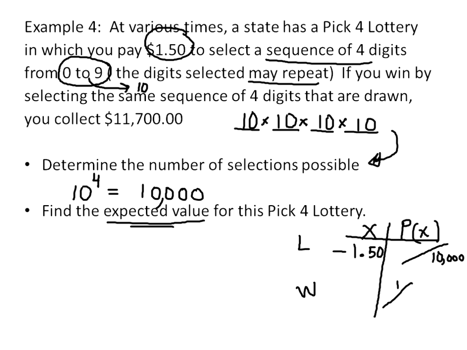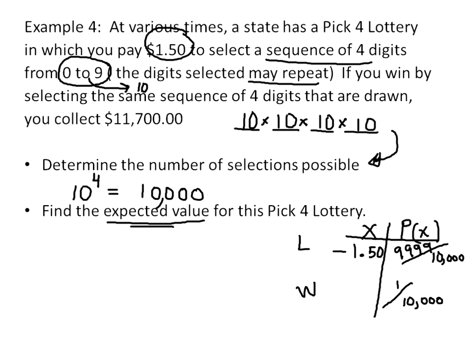So only 1 out of the 10,000 will be the winning outcome, and the rest, 9,999, is how many we have left. Only 1 selection of 4-digit numbers is going to win. So the probability of losing is very high. If you take 9,999 and divide that by 10,000, you get a number that's really, really close to 1.